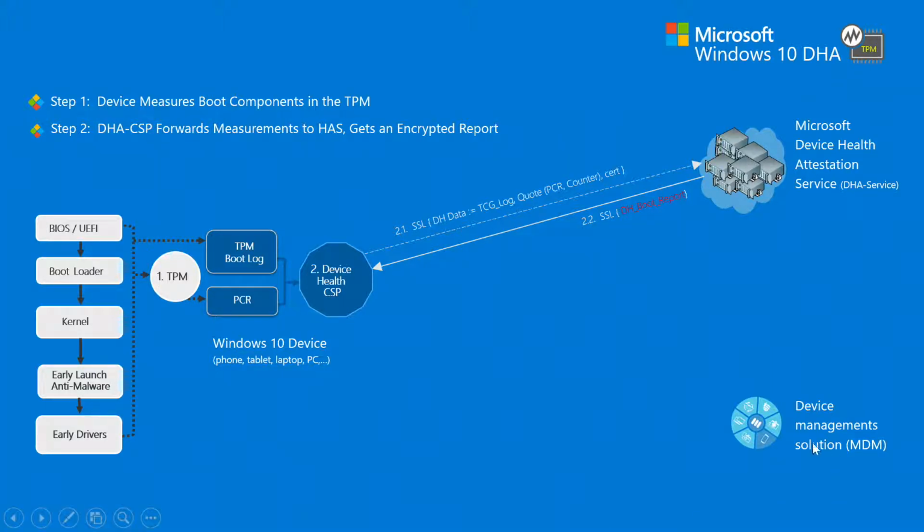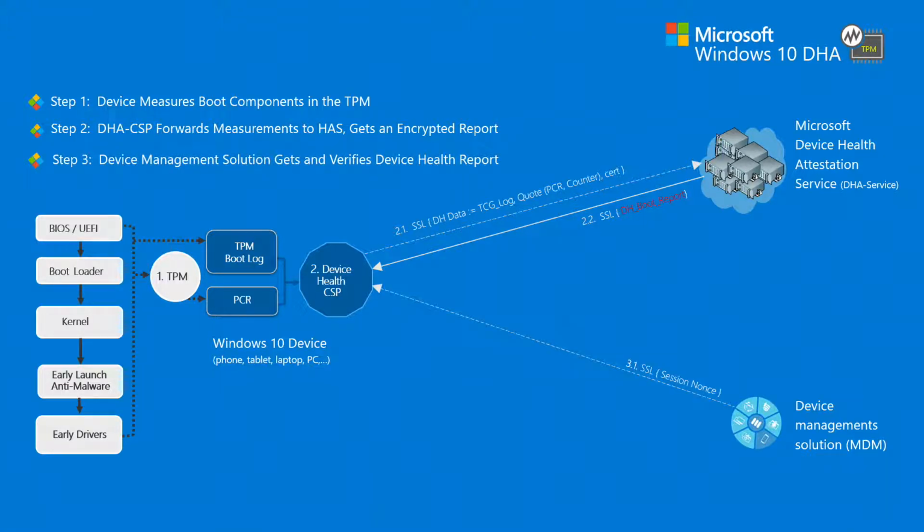Now, the device management solutions, at any interval that they check health, send a nonce. Now, the device creates a package of 3 different data points. One data point is the boot state. The second data point is the current state, where the TPM gets a snapshot, and also the cert that was used to do this attestation.